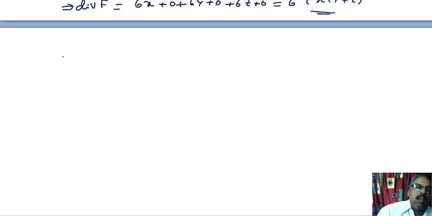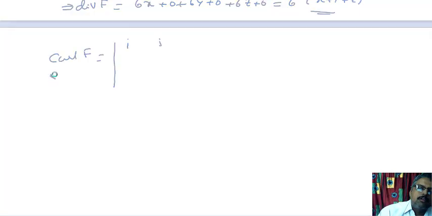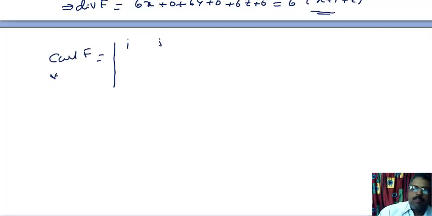Now curl F. Curl F is nothing but del cross F, which is the determinant with i, j, k, dou by dou x, dou by dou y, dou by dou z, and f1, f2, f3.